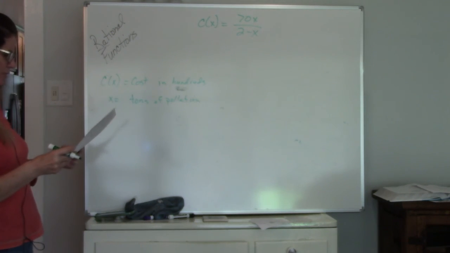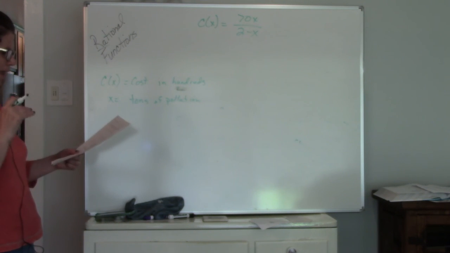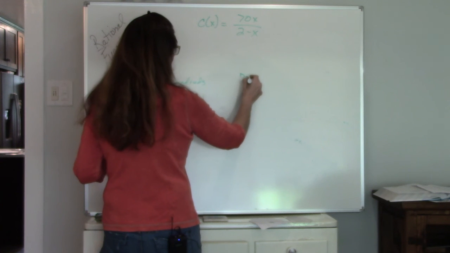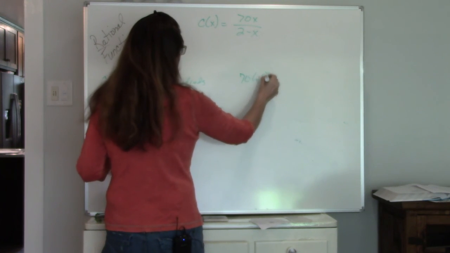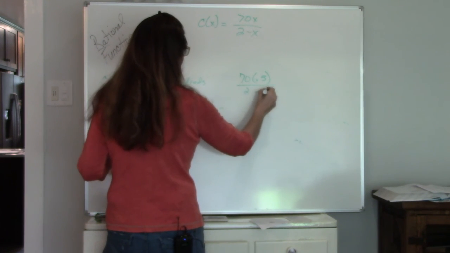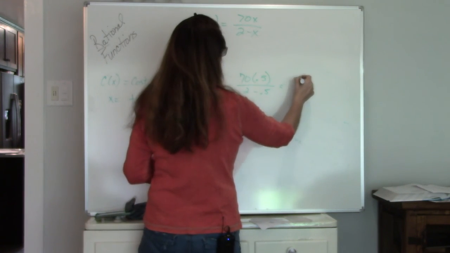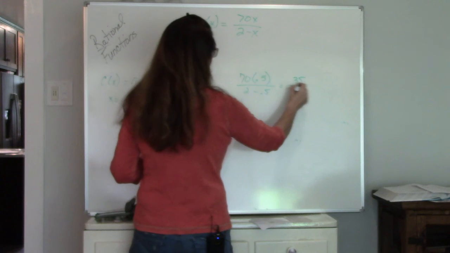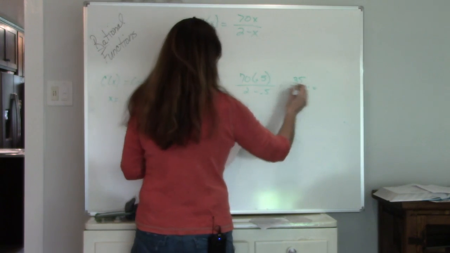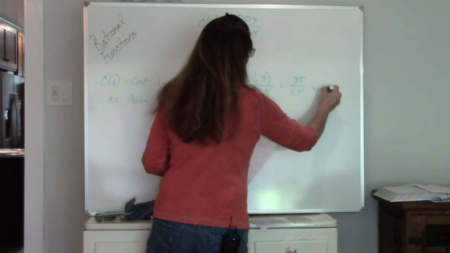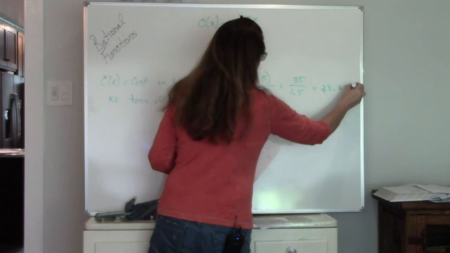The first question says, how much would it cost to remove half a ton of pollution? Remember x represents the number of tons, so half a ton. So 70 times 0.5 is 35. 2 minus 0.5 is 1.5. 35 divided by 1.5, you get 23.3333.